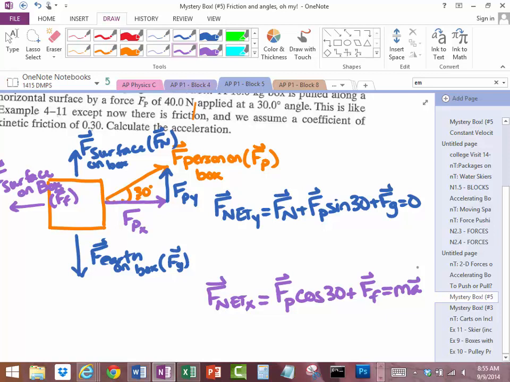When you know the... Well, break it into components. Class, this is the force of action.